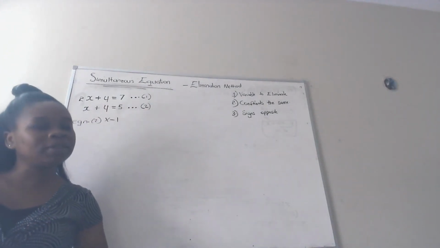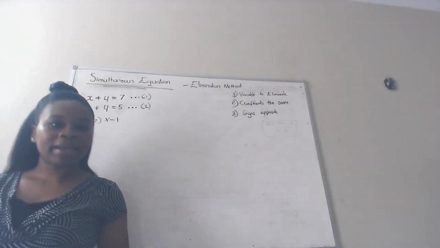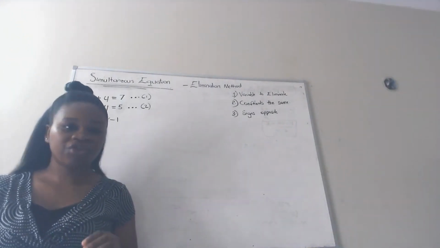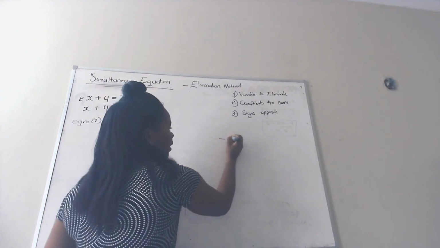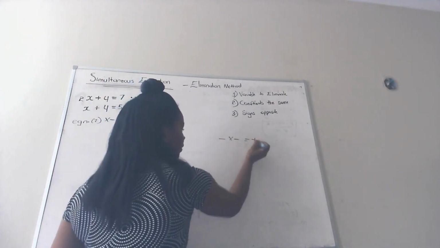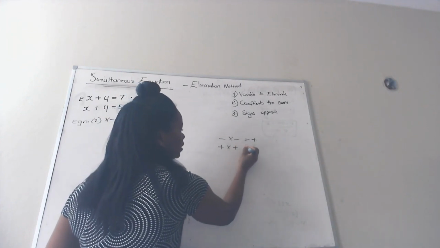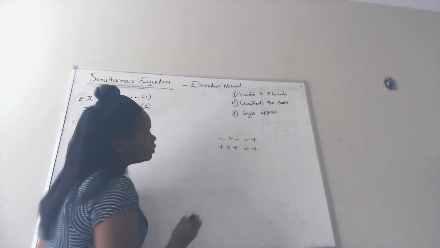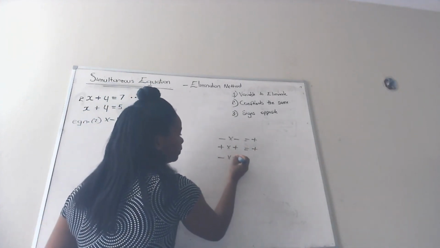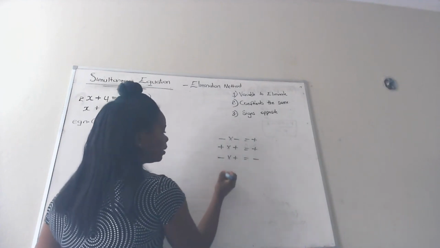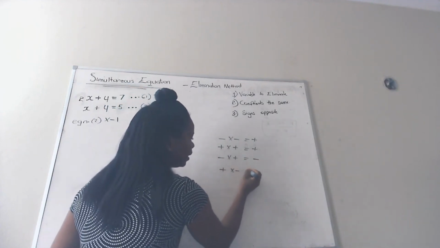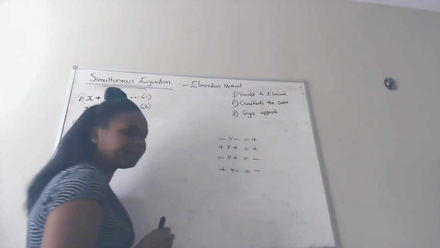Now, whenever you're multiplying by a minus, you need to remember this chart. Minus times minus is plus. Plus times plus is also plus. Minus times plus is minus, and plus times minus is minus.